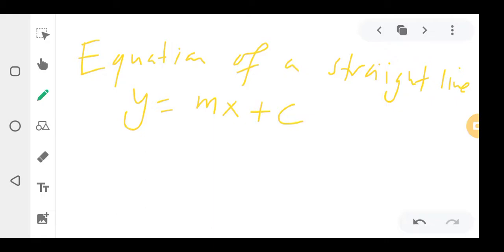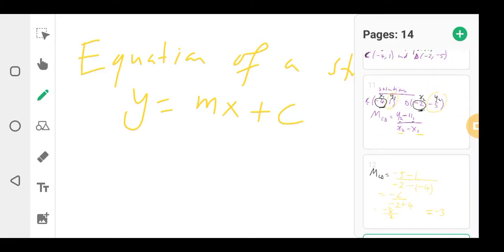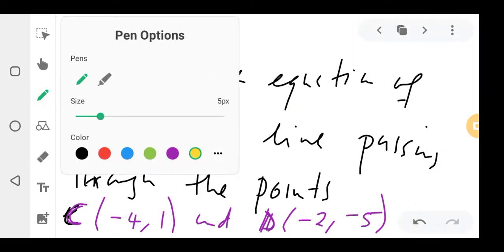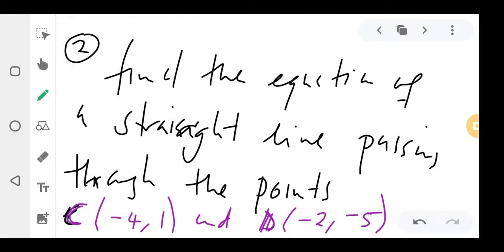You remember what I said? So write the equation of a straight line, and then you pick the first point. I told you if there are 2 points given, pick the first point. Okay? So my question is this one. So what is my first point? It's this one. This is my first point, point C, which is negative 4, 1. So that's a point that you pick.